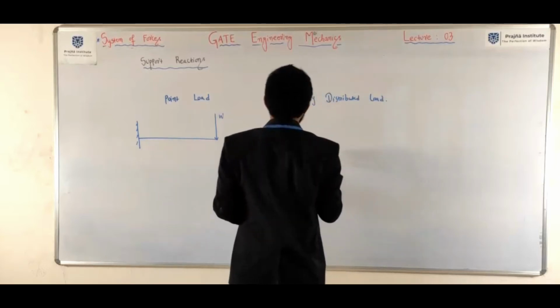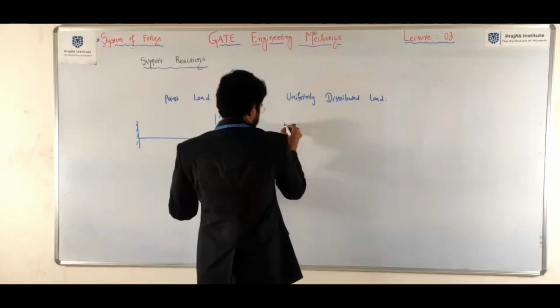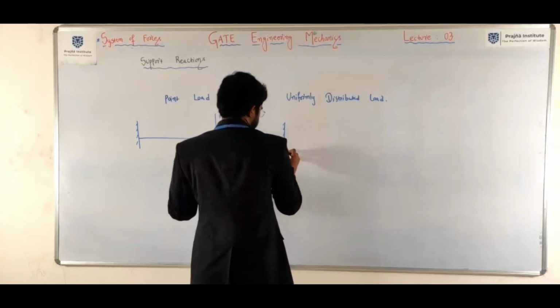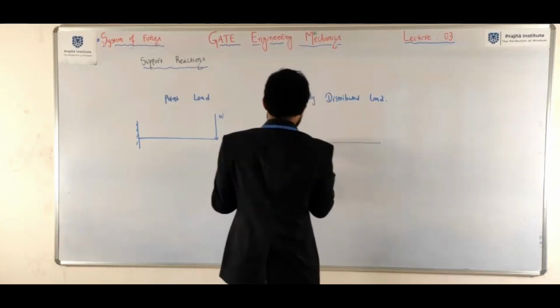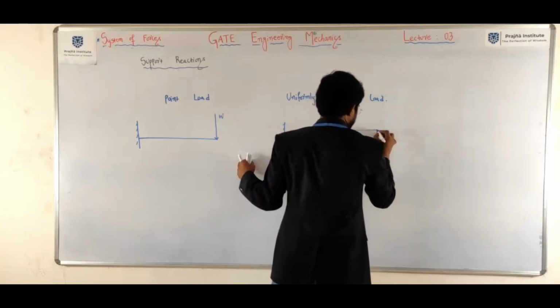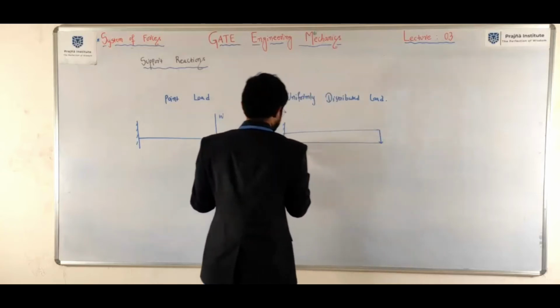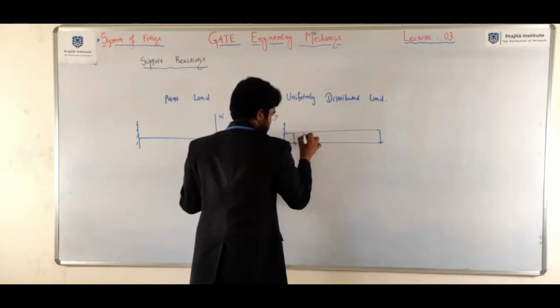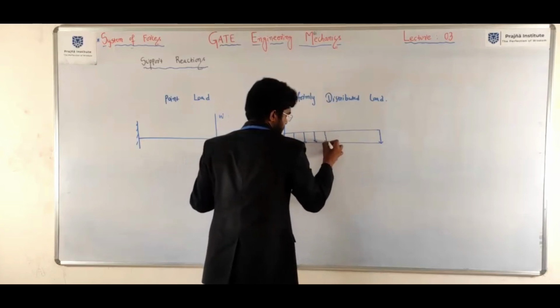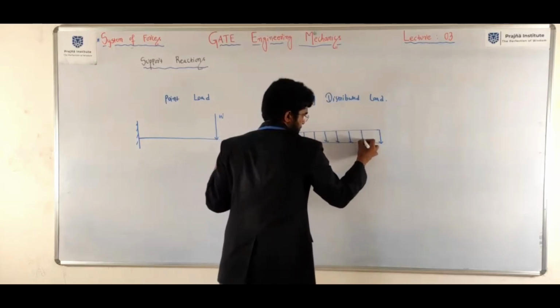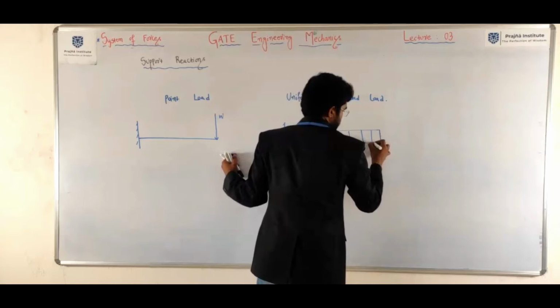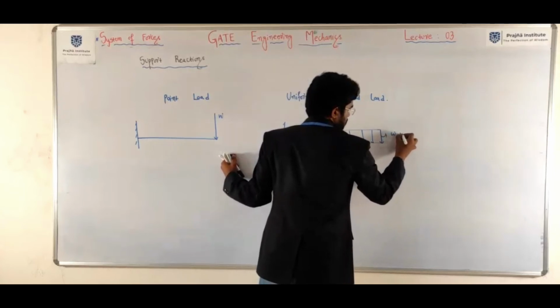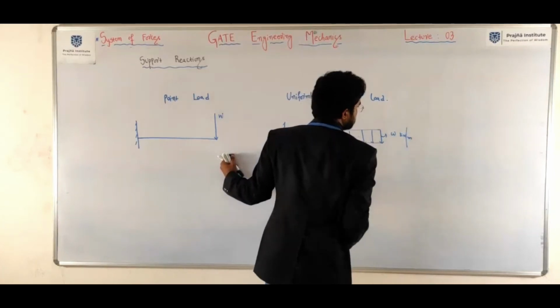This is a uniformly distributed load, W kilonewton per meter.